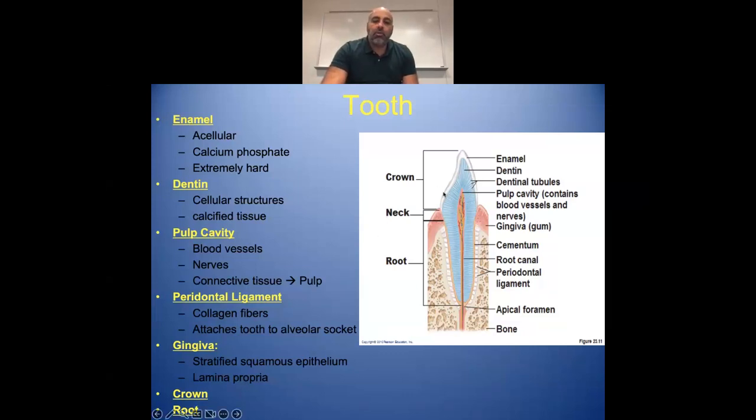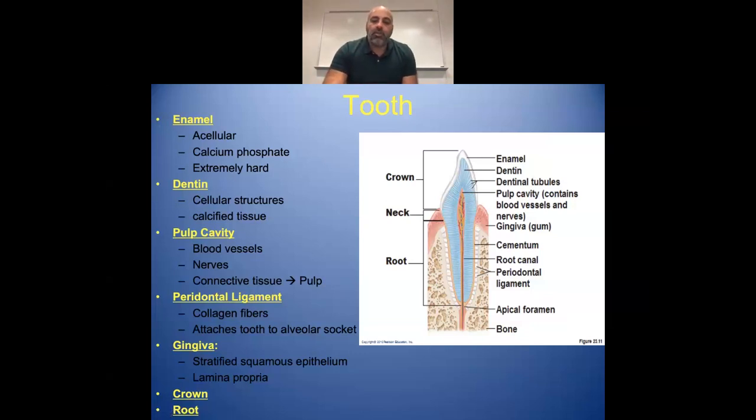Okay. So tooth. Enamel is the exposed portion. We require calcium for it to be formed correctly. Dentin, that is this lower portion in here. Pulp cavity, that's where we find nerves, vessels. And the periodontal ligament is what is keeping the tooth to the bone.